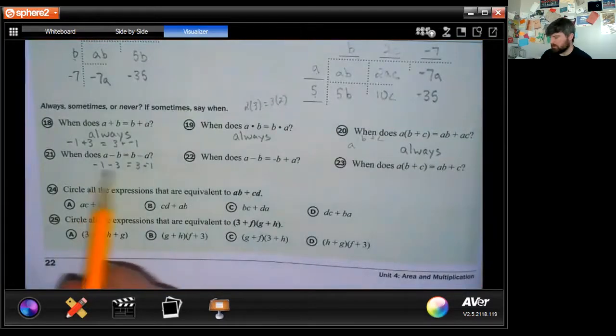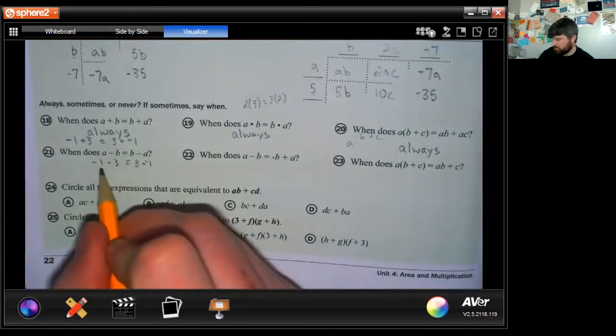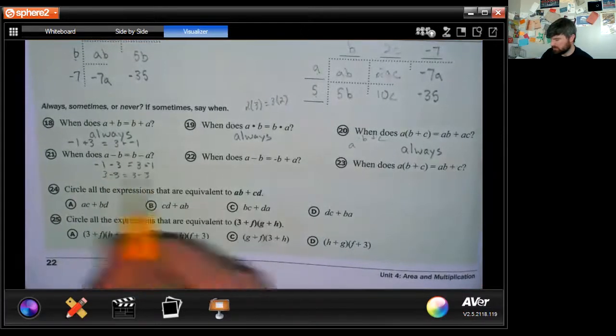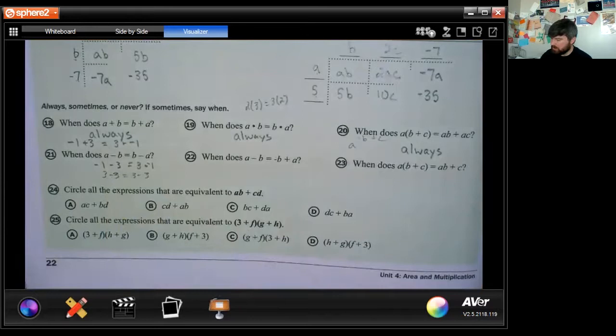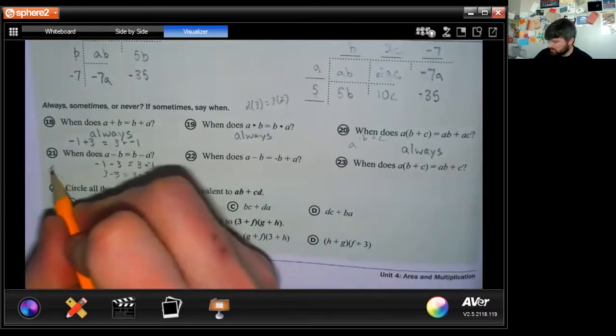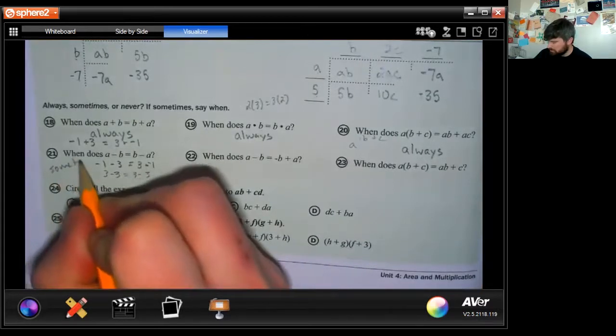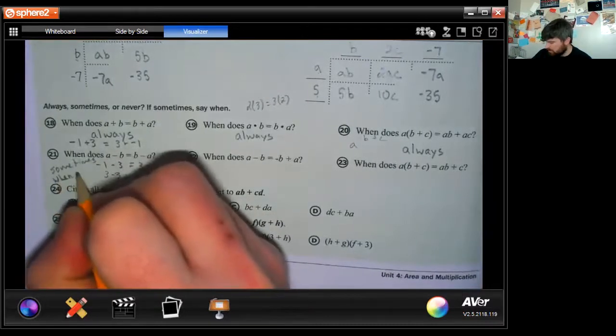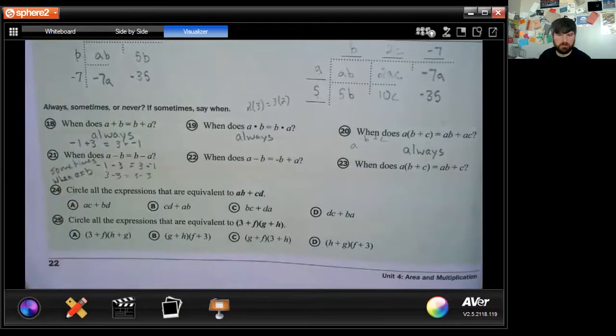Okay, so these don't always equal. Another common concern would be if the numbers are the same. So if we have 3 minus 3 equals 3 minus 3, 0 equals 0. So it does work there. So this is a sometimes, when a equals b. When they're the same, it'll always work out.